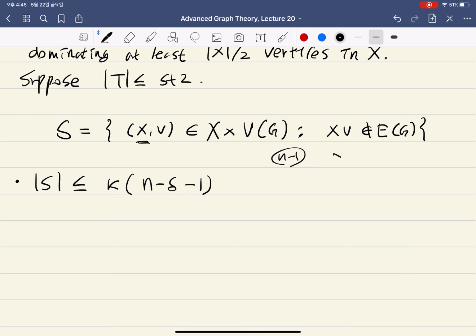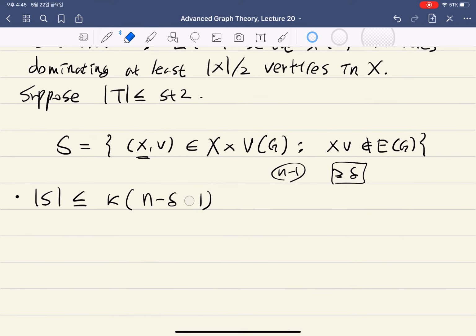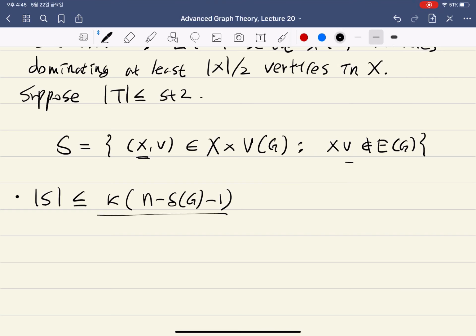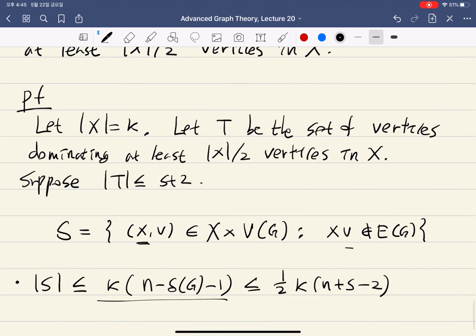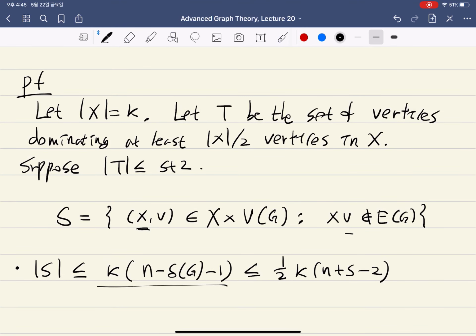Out of that, at least delta, the minimum degree, many of them are neighbors and the rest of them can be non-neighbors, so we get this upper bound. And this is at most half times k times n minus s minus 2, based on this assumption that minimum degree is at least half times n plus s. You plug in here, then you get this.